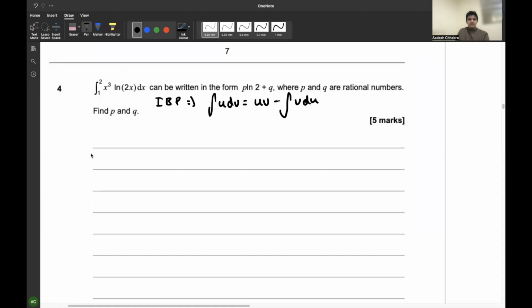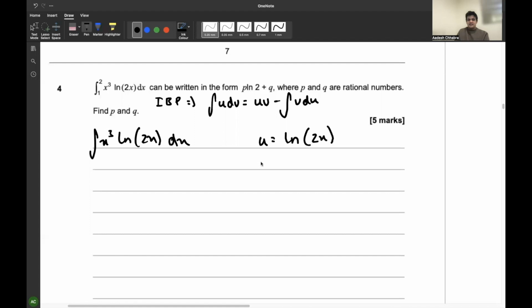So if I have the integral of x cubed ln of 2x dx, then I have to go ahead and choose my values for u, v, du, and dv. Here I'm going to take the value of u as equal to ln of 2x, as that's the more daunting part of this equation.